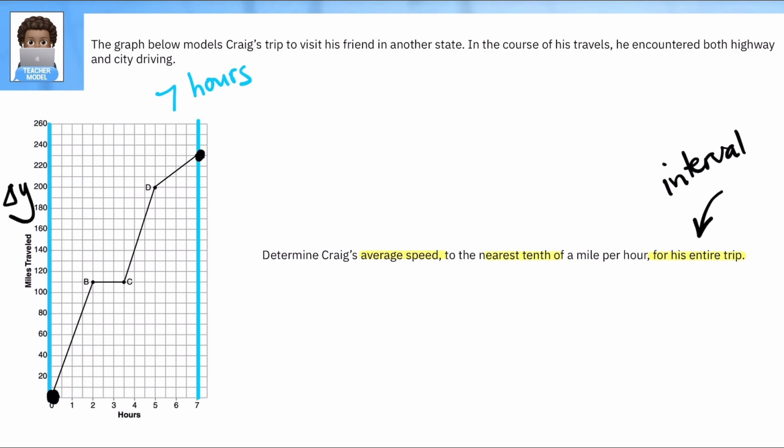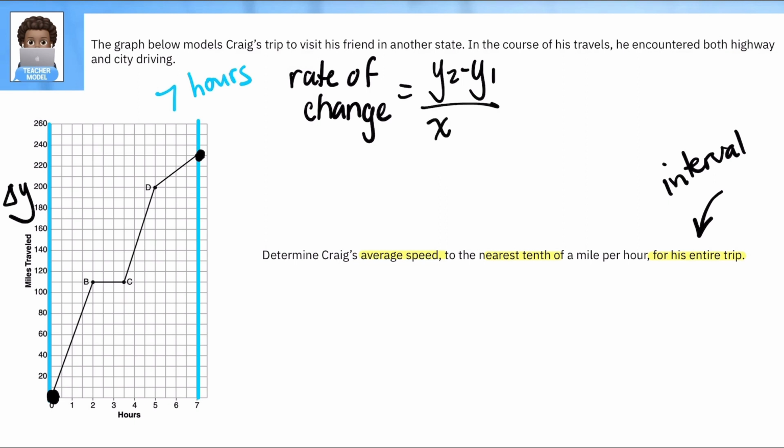Watch what I do. So I'm going to put in my rate of change formula, which looks exactly like our slope formula: y2 minus y1 over x2 minus x1. Because time moves forward linearly, this is our first point and this is our second point. So let's substitute those points in there.